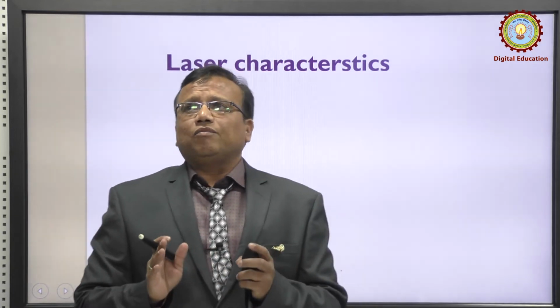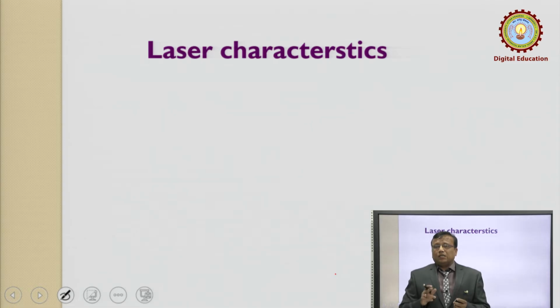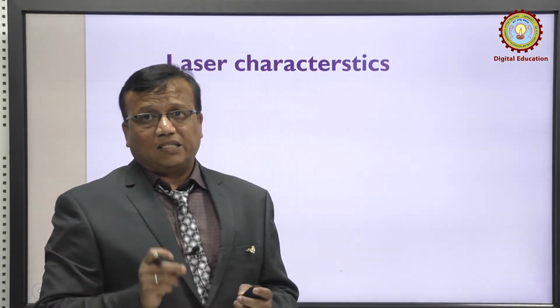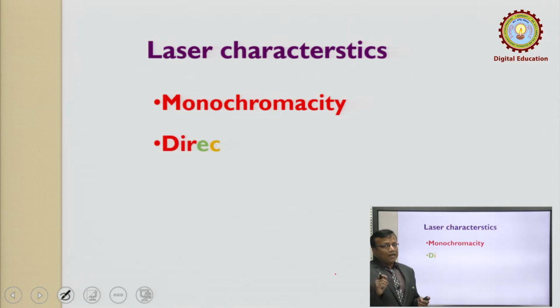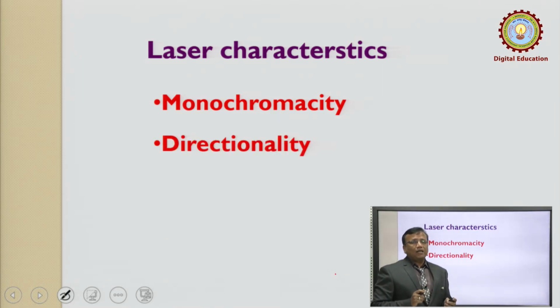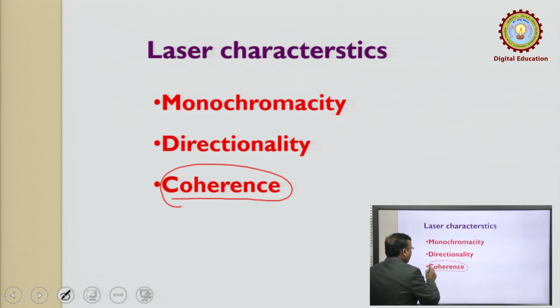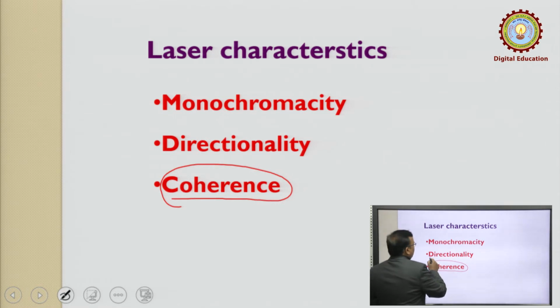Now, why is the laser so popular? The laser is so popular only due to its unique characteristics, of which the very first is monochromaticity, the second is directionality, and the third and last is coherency. Coherency is the most useful, although all the properties are useful.